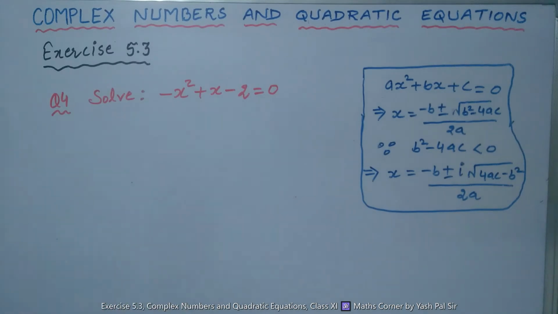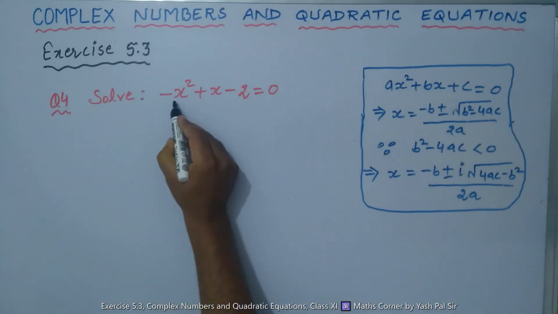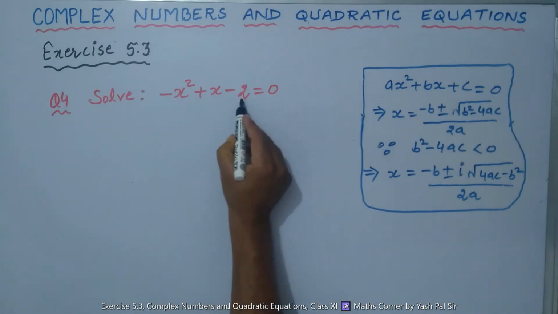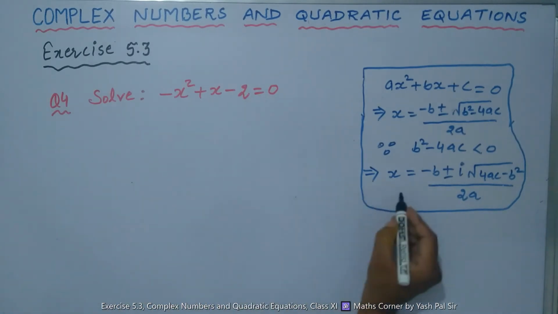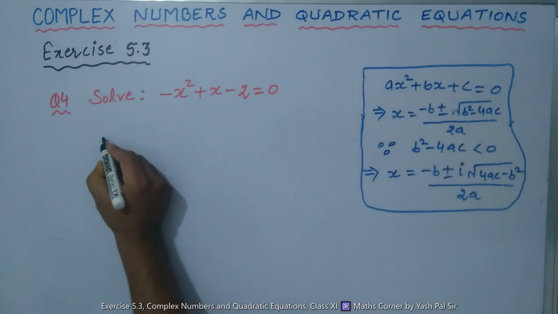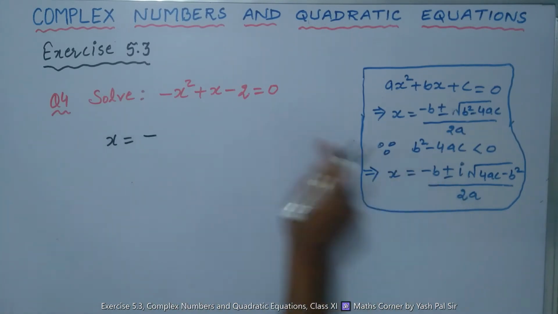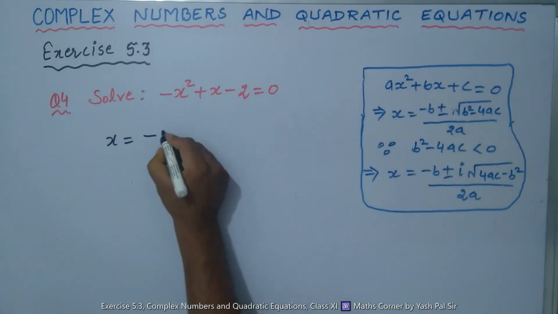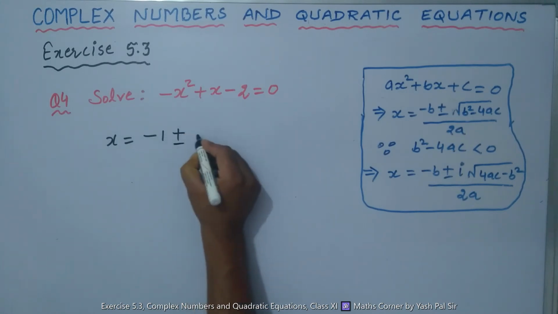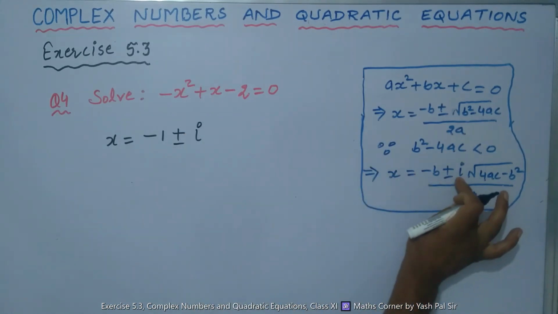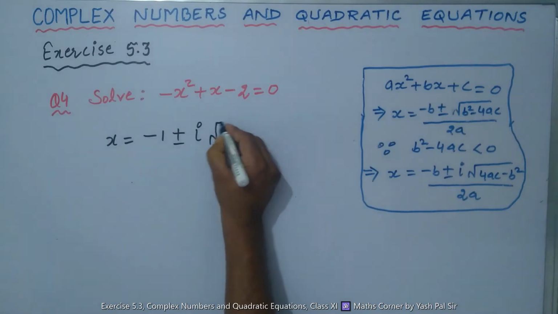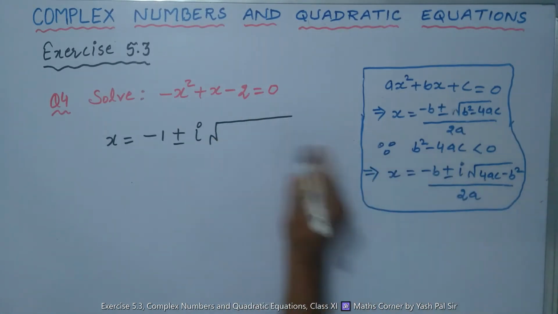Now coming to question number 4: solve minus x square plus x minus 2 equal to 0. So according to this rule, we have x is equal to minus b. B is equal to 1, so minus 1 plus minus iota is the next term, then square root of b square, 4ac.